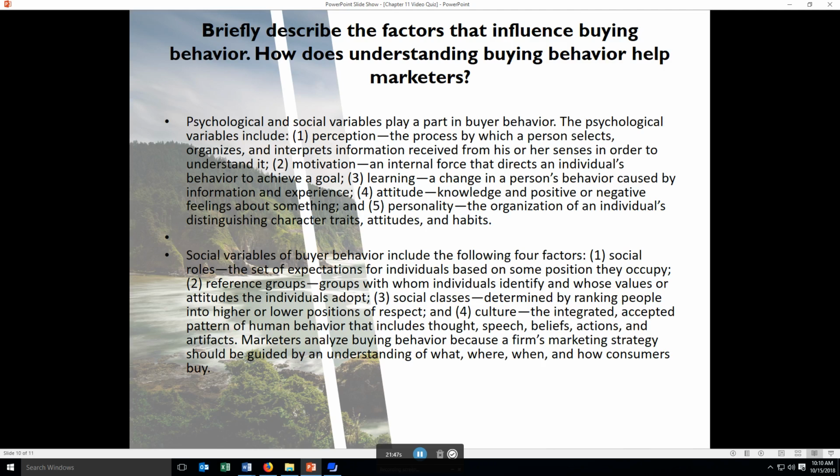Two, reference groups, groups with whom individuals identify and whose values or attitudes the individuals adopt. Three, social classes, determined by ranking people into higher or lower positions of respect. Four, culture, the integrated, accepted pattern of human behavior that includes thought, speech, beliefs, actions, and artifacts. Marketers analyze buying behavior because a firm's marketing strategy should be guided by an understanding of what, where, when, and how customers buy.